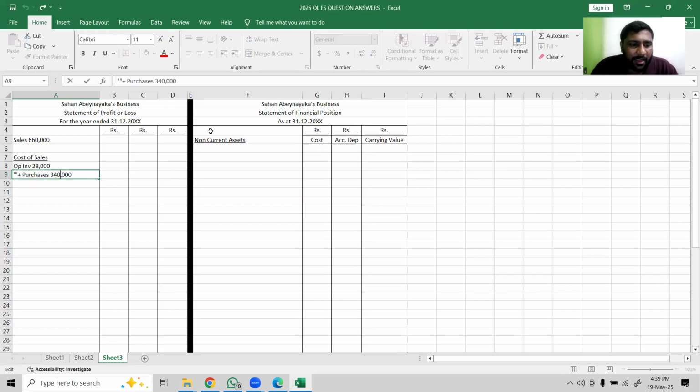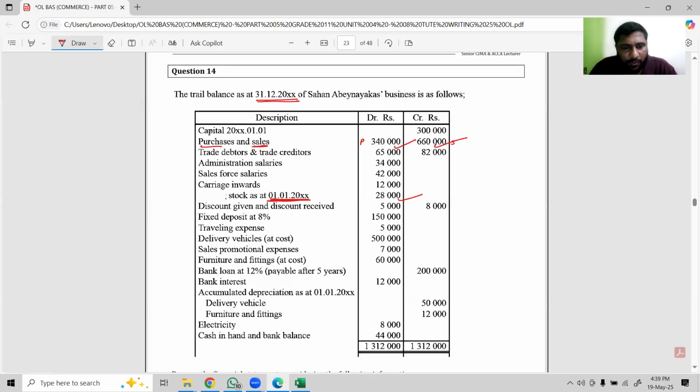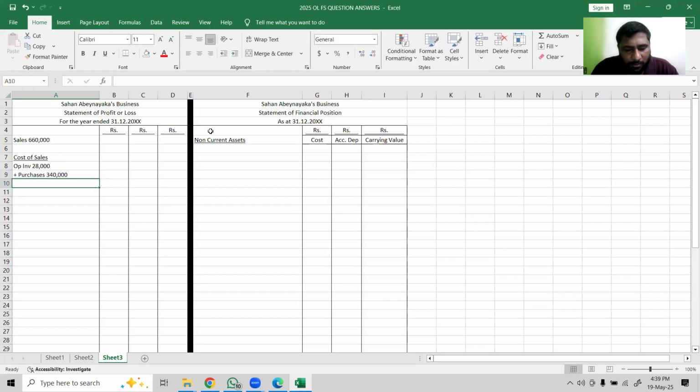So if we have any carriage inwards, loading, unloading, we have to take those things. So do we have any of those? Yes, we have carriage inwards 12,000.